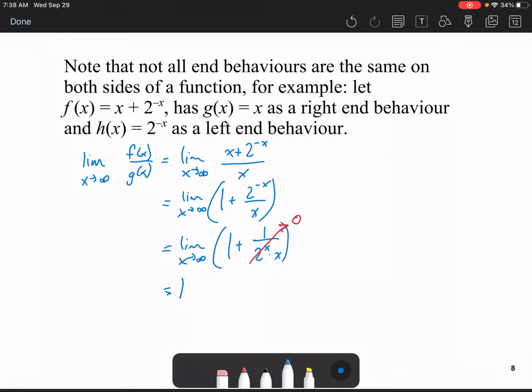But, however, let's take a look at it from the left-hand side. So as we approach negative infinity, we're taking f of x over h of x.